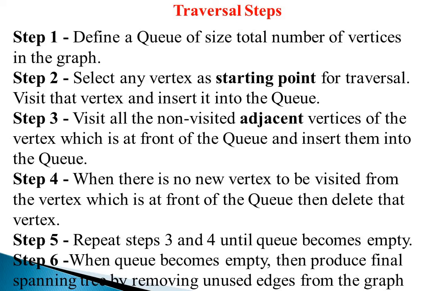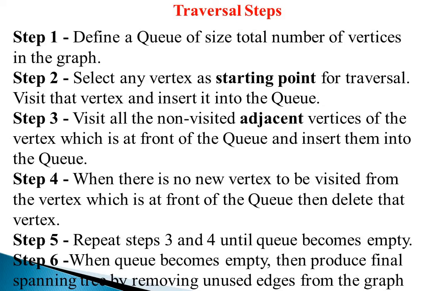Step number 4, when there is no new vertex to be visited from the source vertex which is at the front, meaning the beginning of the queue, then it will be deleted from the queue. So you have to see all the adjacent vertices. If all the adjacent vertices are traversed, then you leave that particular vertex, and whenever you leave the vertex, it will be removed from the queue.